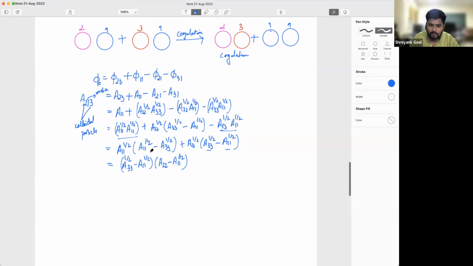So this become negative. So what I do is A11 minus A33 to the power half, and this becomes A. Can you check if there is any sign mistake I did?